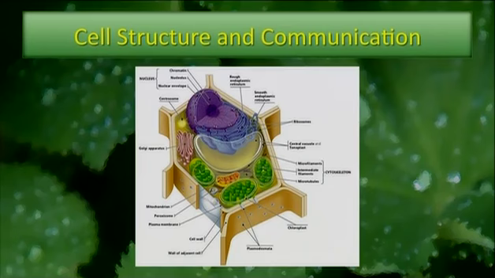Here you have the nucleus, and continuous with the nuclear membrane you have the ER, the rough ER and the smooth ER. Here you have a Golgi apparatus. Don't worry, we're going to go into these one by one in a little more detail later on. We have the central vacuole, which maintains turgor and pressure inside of the cell for internal support.